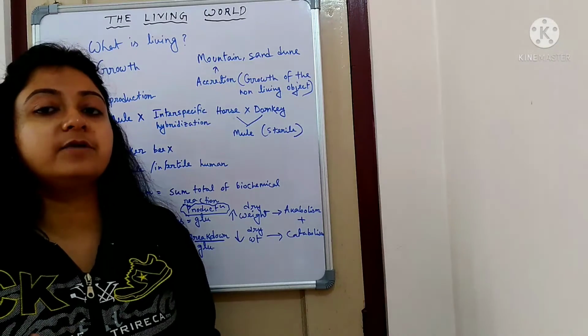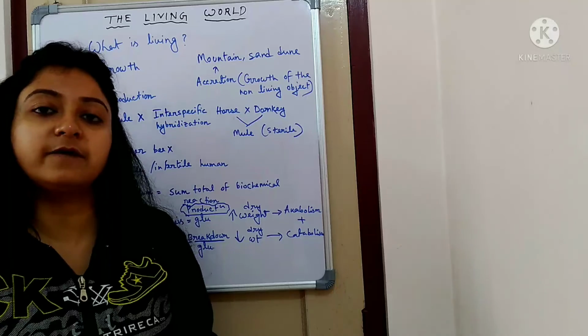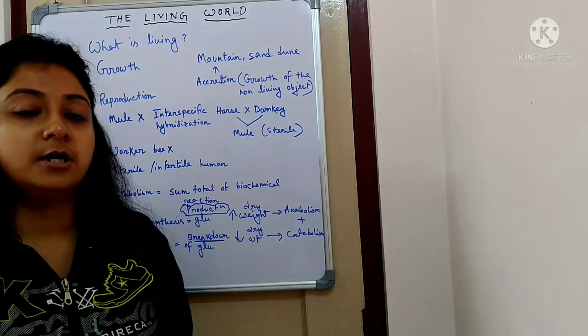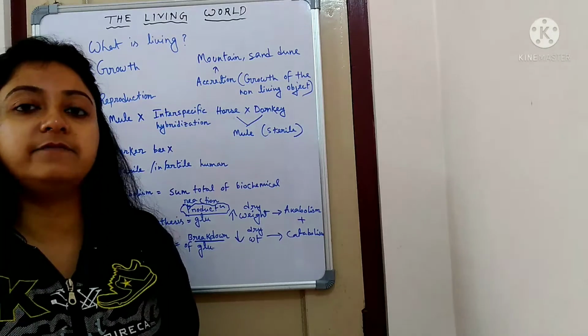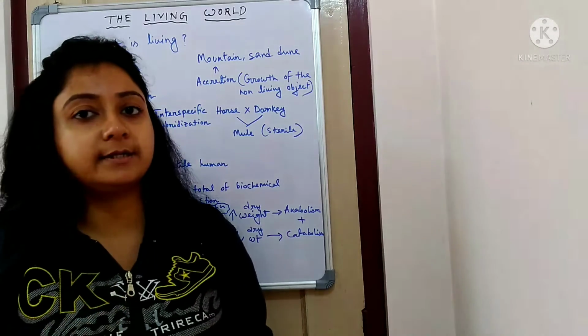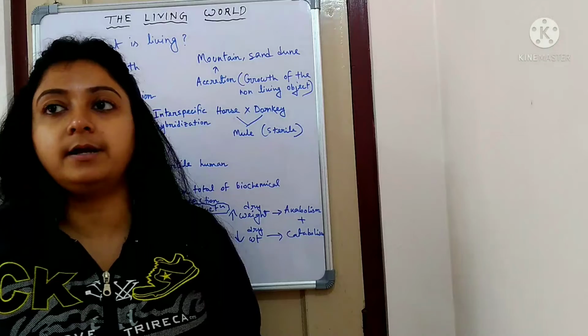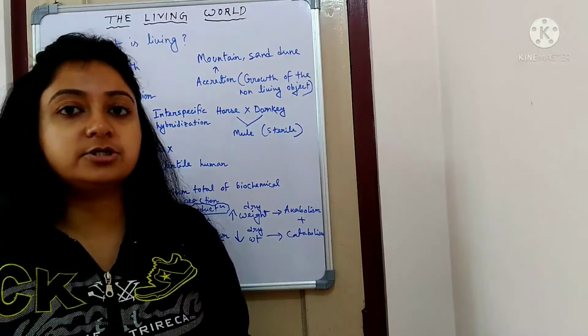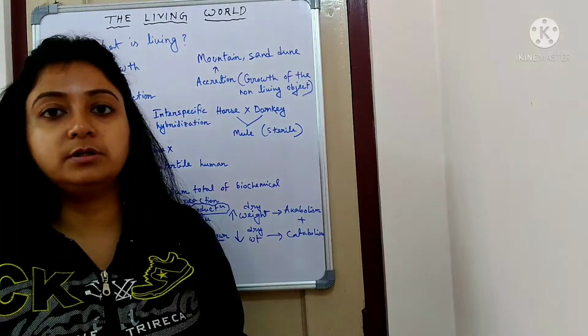So that is why we can consider metabolism as the defining property of animal as well as living cells. Not only metabolism, there are a few other characteristics like consciousness, excretion, digestion, locomotion, each and everything.